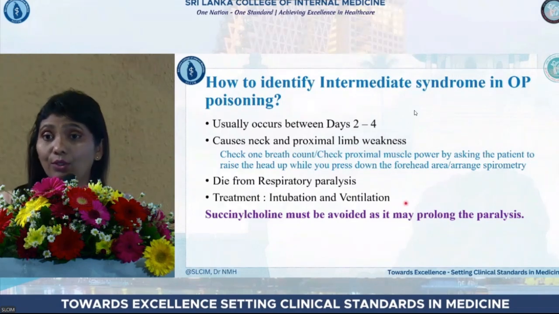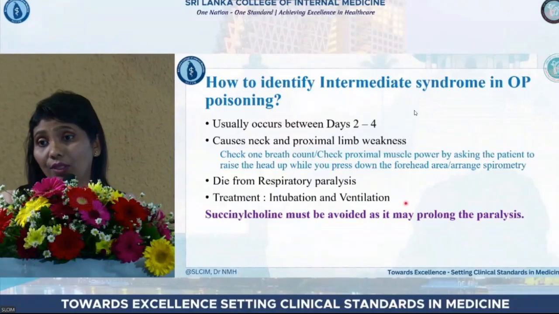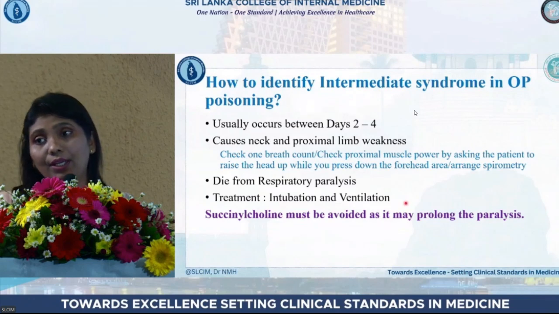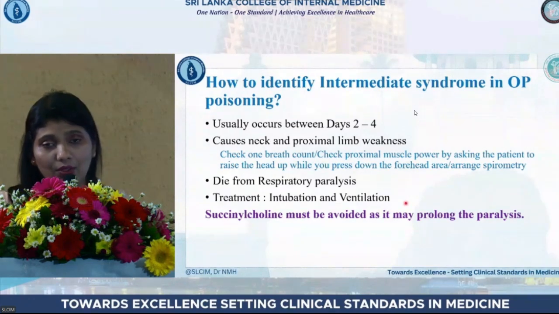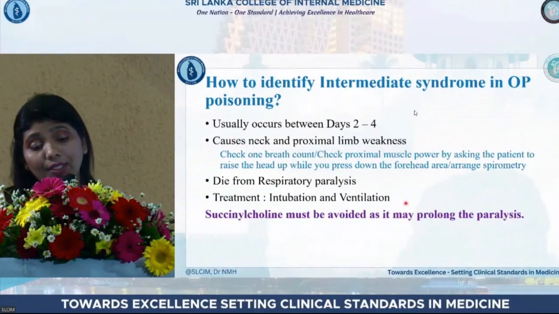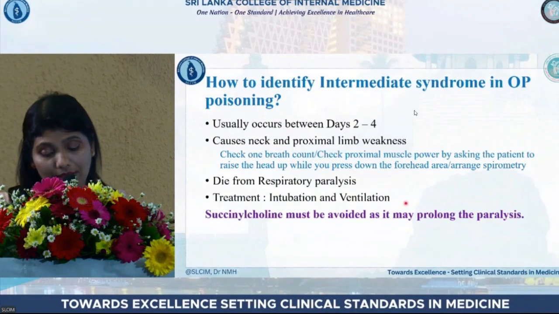Sometimes even for 7 to 10 days we might have to give the atropine infusion, especially for those of you working in the critical care setup. Please remember, the intermediate syndrome can also occur a little late, not only on day 2 to 4. Okay, so that is actually proven. Again, succinylcholine must be avoided, as it may prolong the paralysis.